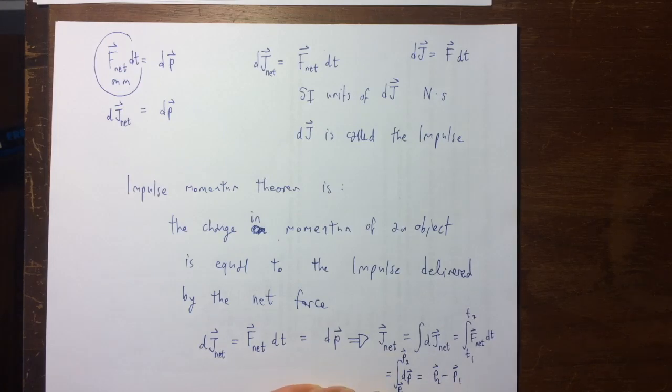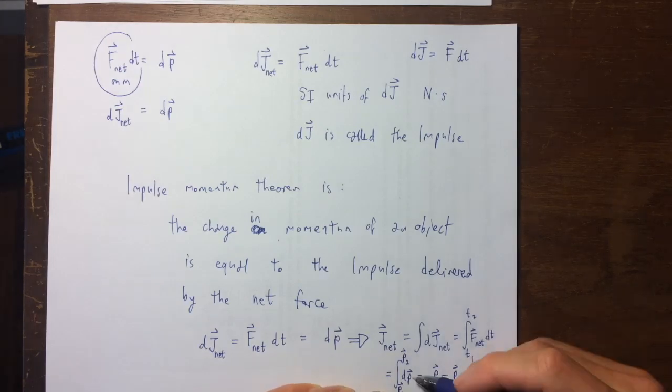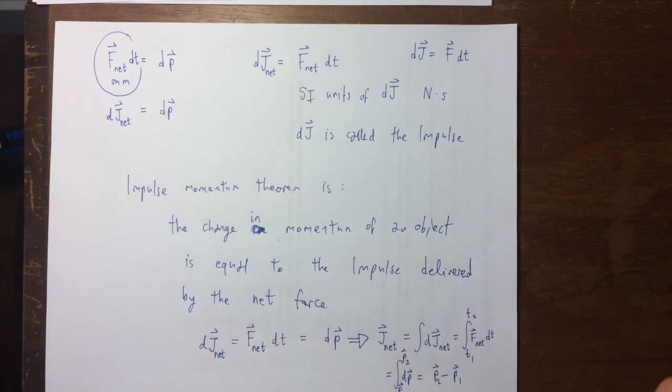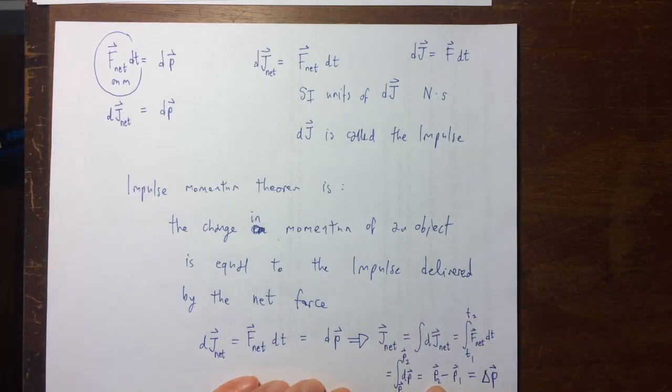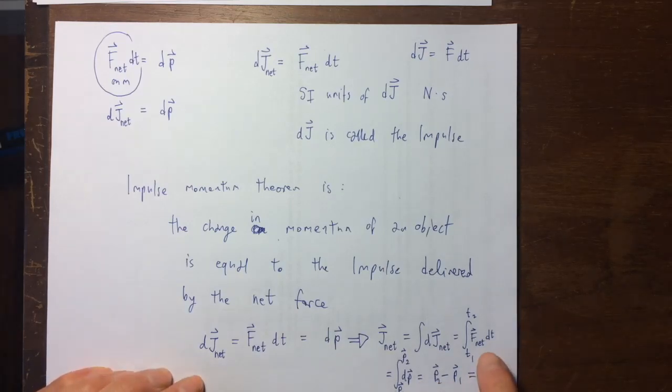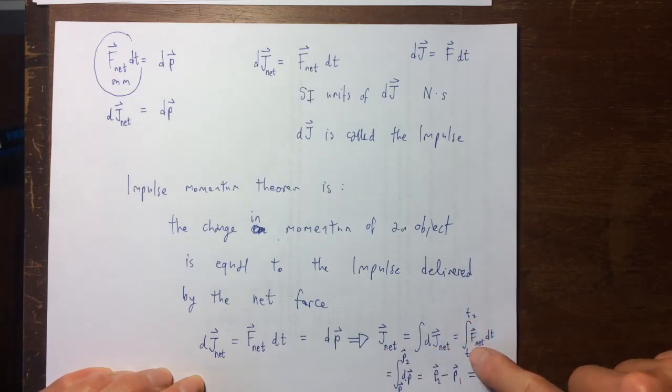That's just how you do the integral of the infinitesimal alone. And this is delta p. It's the momentum after the impulse minus the momentum before the impulse. And the impulse itself is the net force on the object multiplied by small increments of time, and you add them all up using the integral. You add up all of the impulses from t1 all the way up to t2.